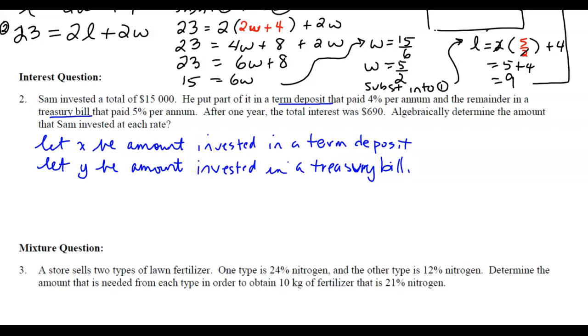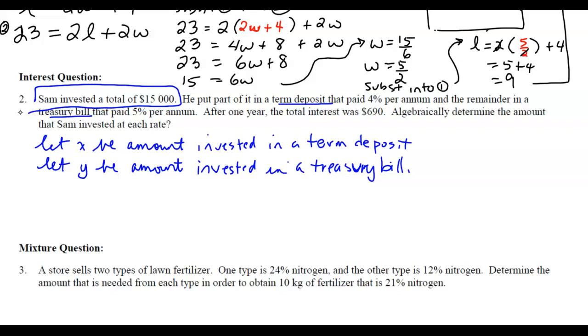Okay, so take a look. The first sentence is a short one, but that's one of the equations. The total invested is 15,000. Total means equal. And what does total mean in terms of an operation with X and Y? We multiply them, add them, subtract them?